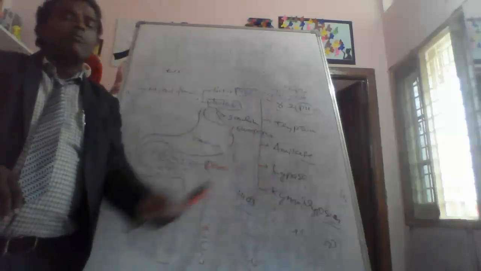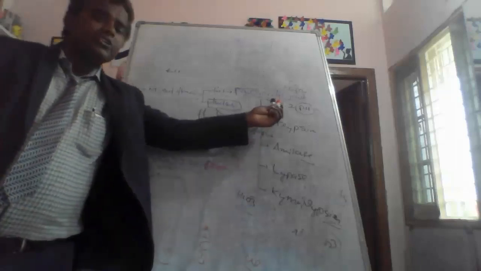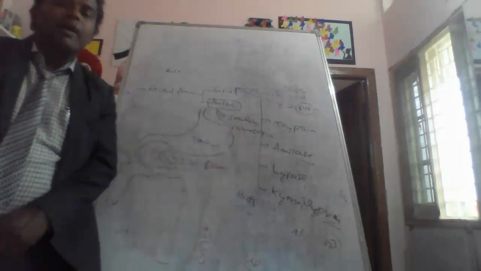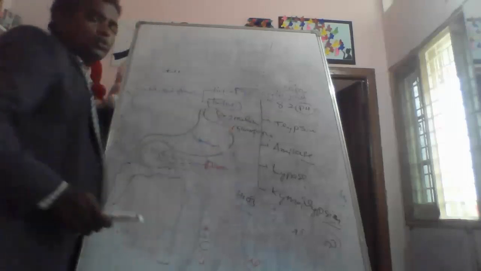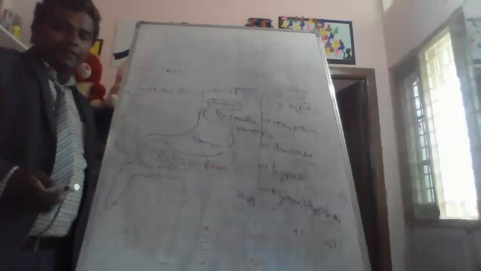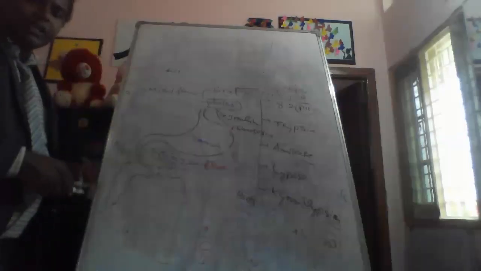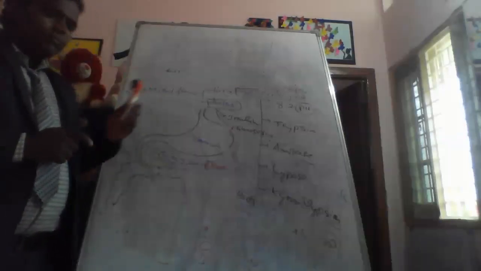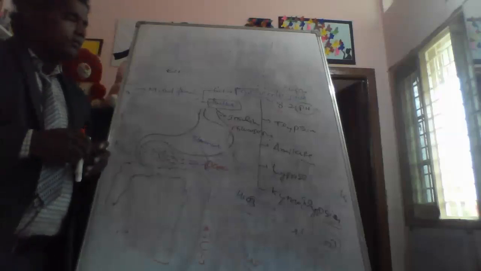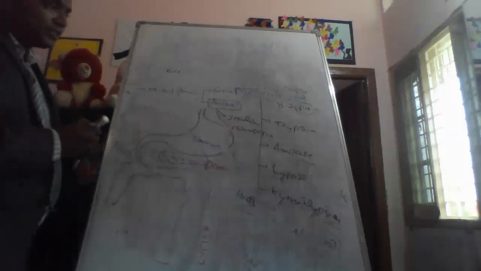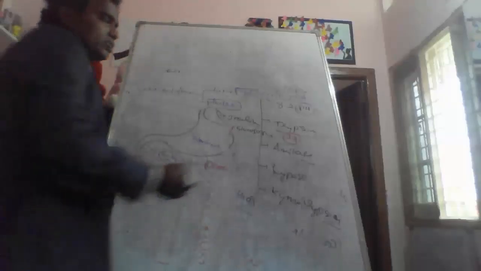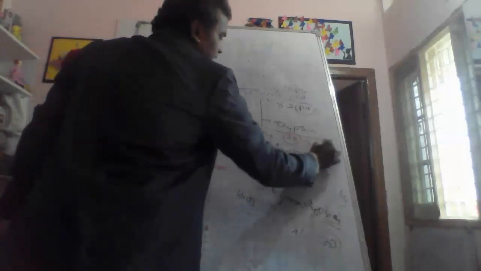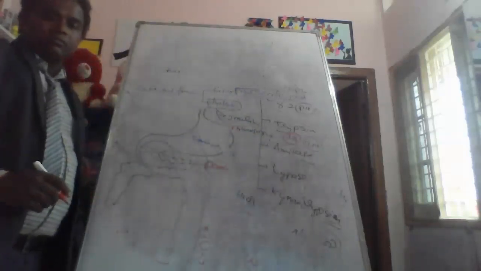What is the pH value of pancreatic juice? 8.2. This is a very important thing. And remember one thing about this pancreatic juice: trypsin is present in the inactive state, called trypsinogen.